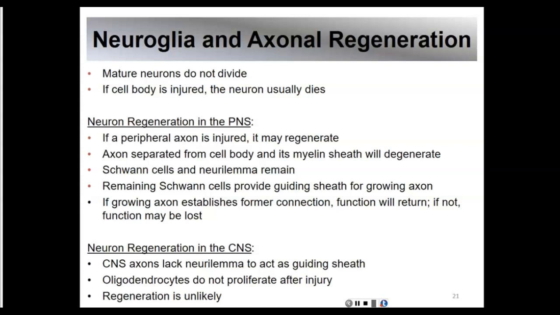If you have damage in the CNS, axons lack that neurolemma to act as a guiding sheath, so oligodendrocytes do not proliferate after injury, and regeneration is very unlikely in the central nervous system. That's why spinal cord injuries are very damaging.